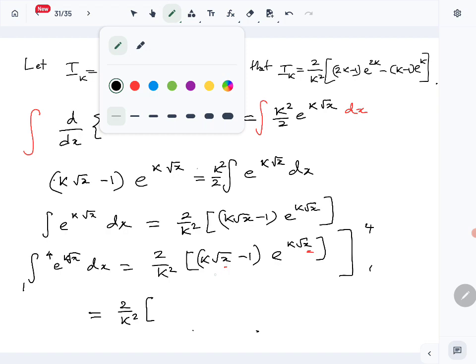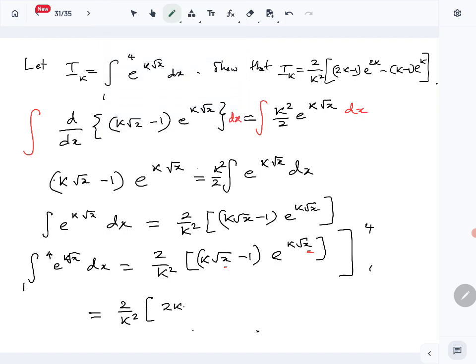So square root 4 is 2, so 2k minus 1 e to the 2k, minus, applying the lower limit 1, you get k minus 1 e to the square root x, which is what we wanted to show.